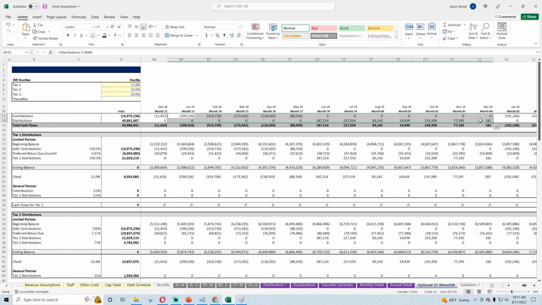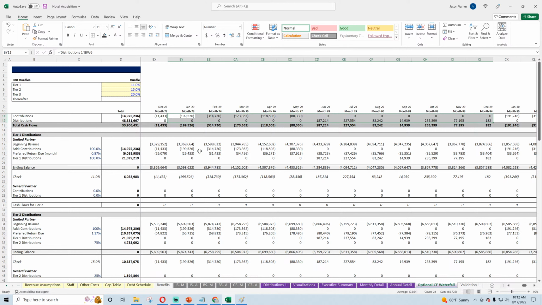But let's just say it's net positive for the year. Now, if it was net negative for the year, yeah, you're going to need some equity contributions. And again, these assumptions are arbitrary that I have here, so it doesn't necessarily mean you're going to have negative cash flows in the far future with stabilized hotel operating activities.